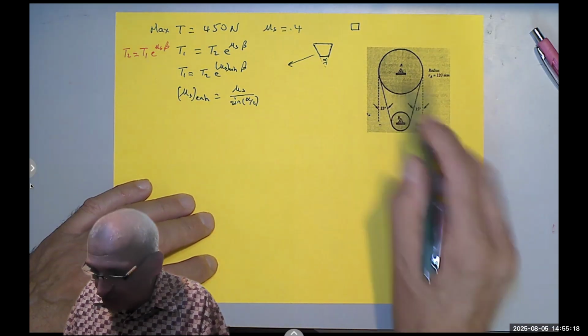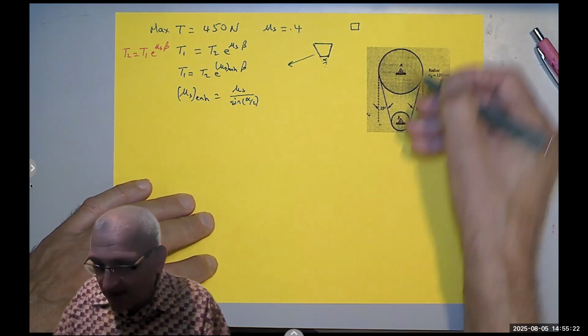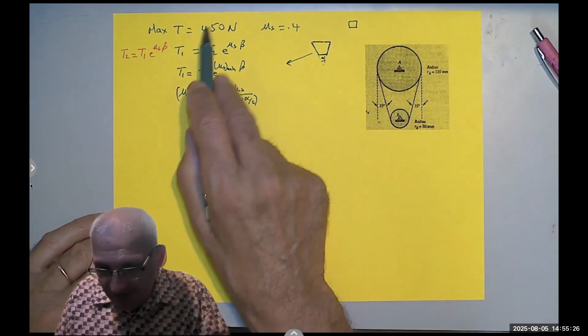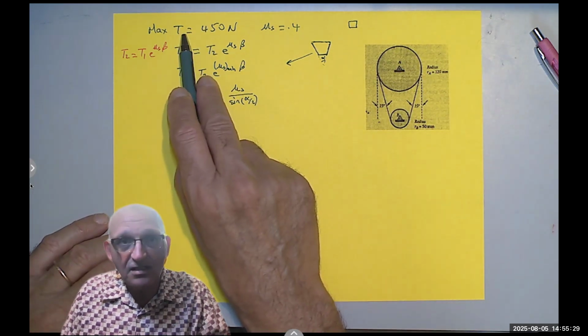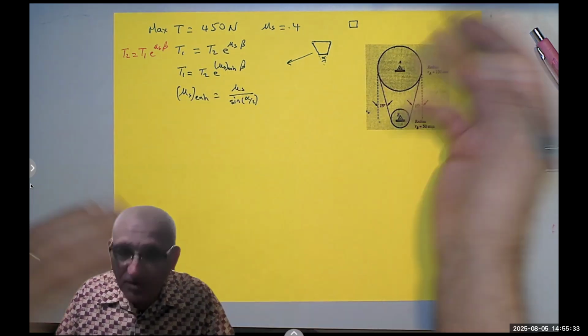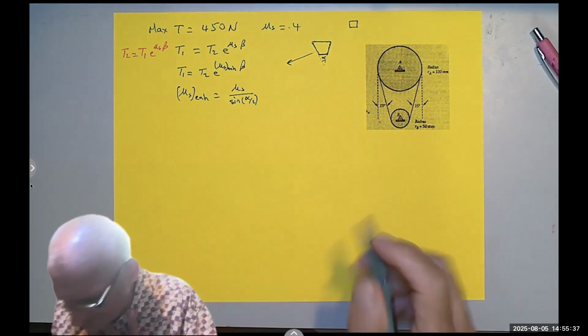So you can use a small torque here, but then you are delivering higher torque. We want to know, if the maximum tension in the belt is 450 Newton, what would be the value of the torque that it produces?